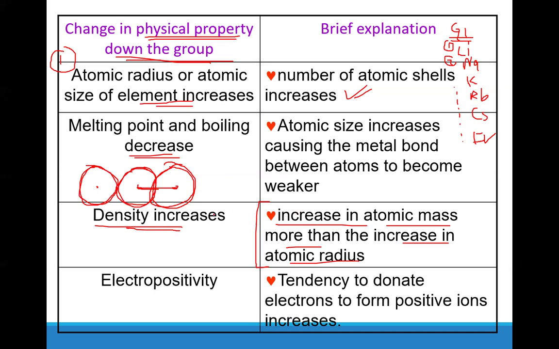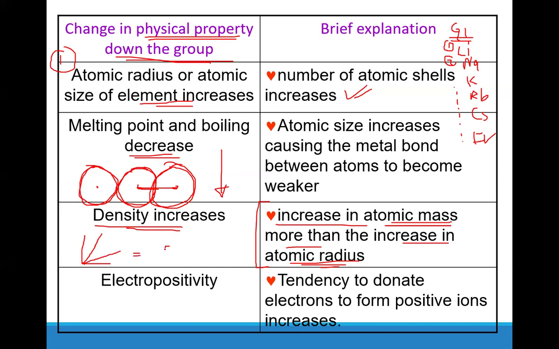But as you move down the group, the change in the atomic mass is higher than the change in the atomic radius. So the mass that these elements have is increasing at a much faster rate as compared to the volume being occupied by these elements. So that's why their density overall increases.